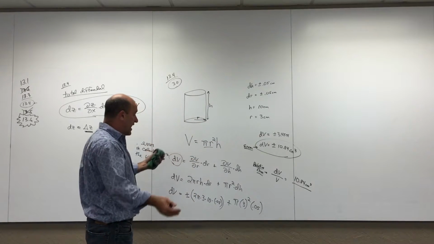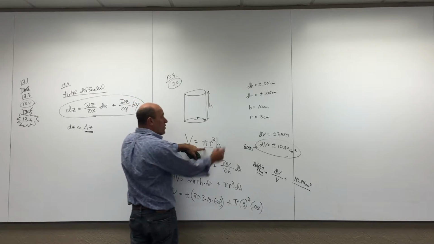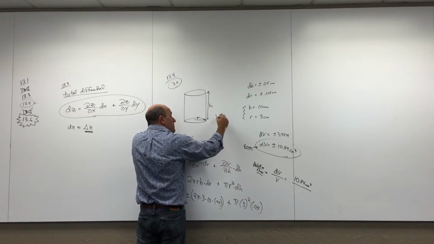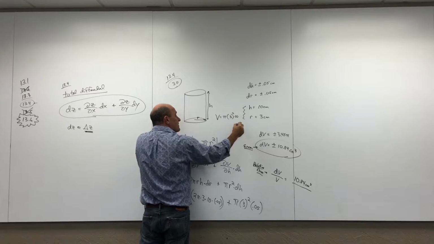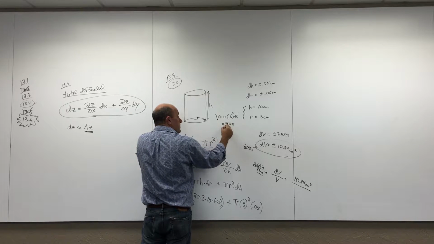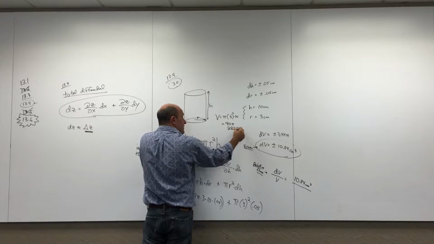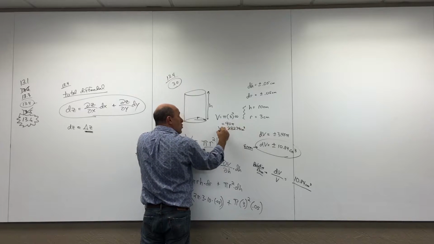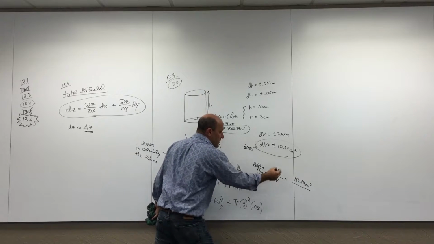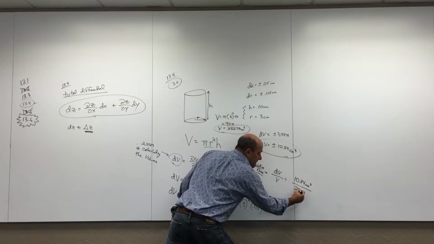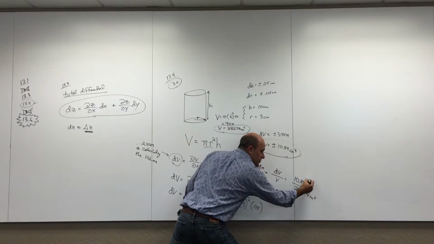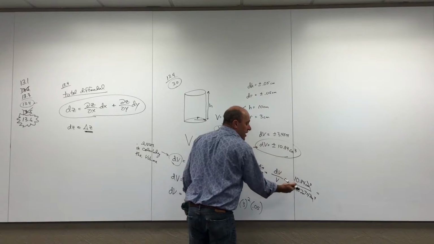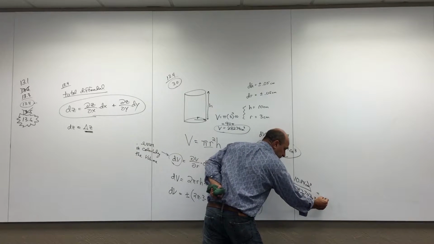I never did calculate the actual volume, but with that R and that H, the volume is pi times R squared H, 90 pi, 282.74 centimeters cubed. So that's the actual measured volume. And when you put dV over V and divide, what's kind of cool is the units cancel, and you just get a decimal. What is this decimal?